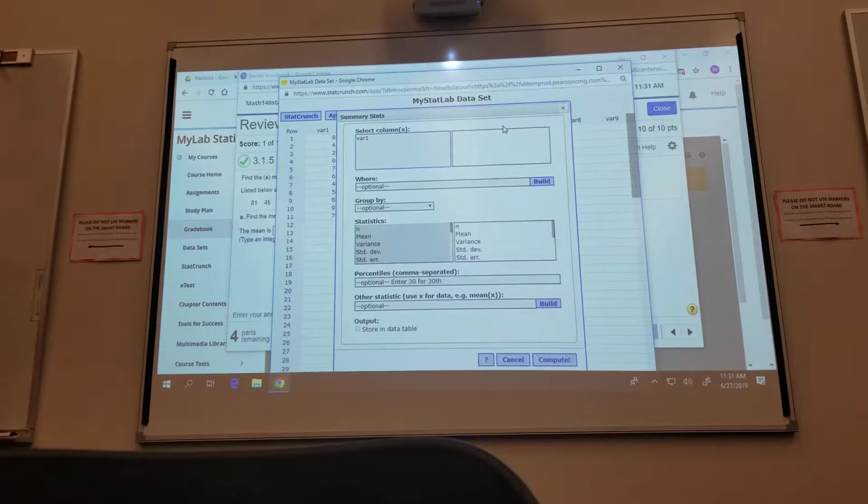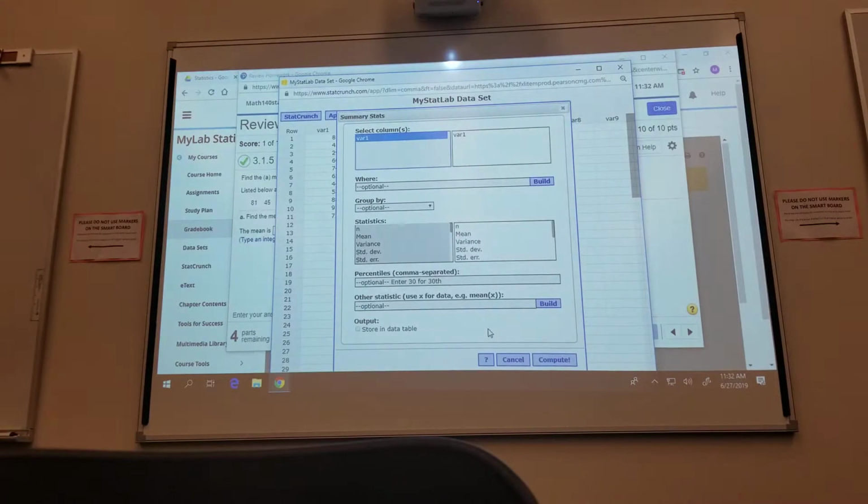Great, that is true, and that will affect the answer that you get. Columns is down, rows is like this. So then you click that var1, variable 1.